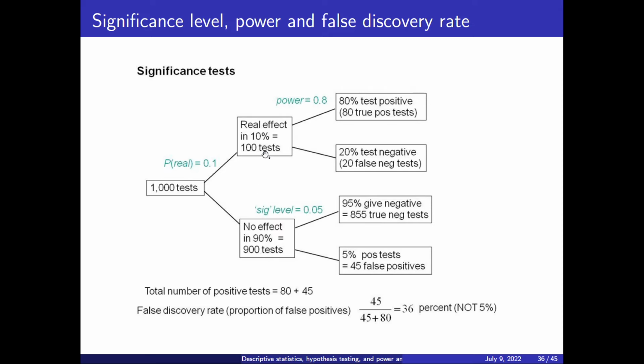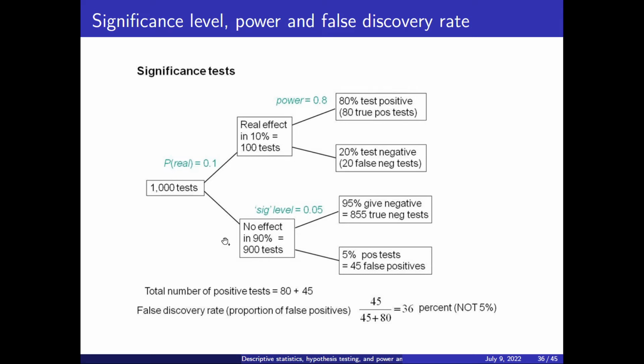But you don't know this. This is the state of nature, but you don't know it. That is why you are doing tests with, I don't know, animals or cell cultures or whatever. So you are doing your experiments to detect which one of these 1,000 compounds have an effect or not.